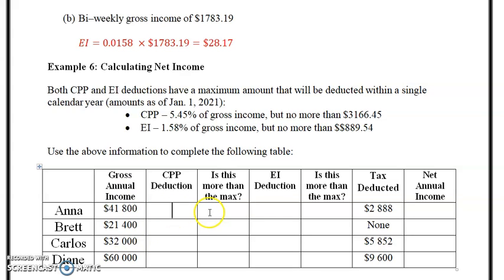Alright, first for Anna, we're going to do that now. So we got 41,800. I'm going to multiply by 0.0545, and we get, I'm going to use the amounts here. I won't put the dollar sign in each time, you know these are all dollar amounts.